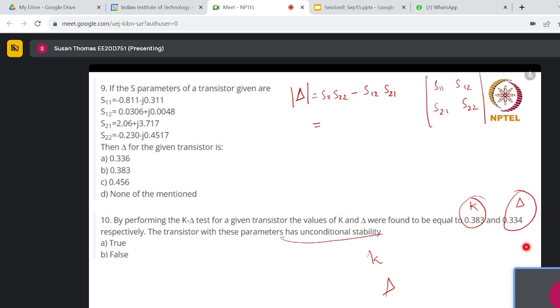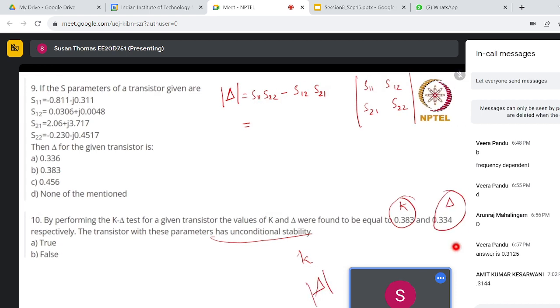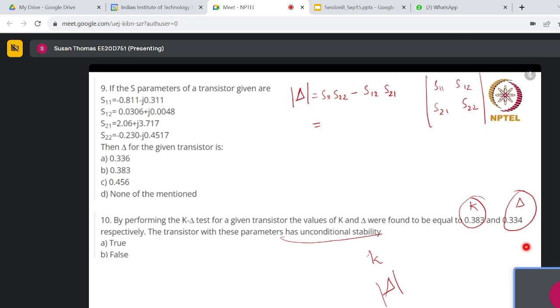The K delta test for the transistor stability: mod delta should be greater than 1 or less than 1? I hope you remember from the lectures. Mod delta should be less than 1 and K should be greater than 1 in case of unconditional stability.